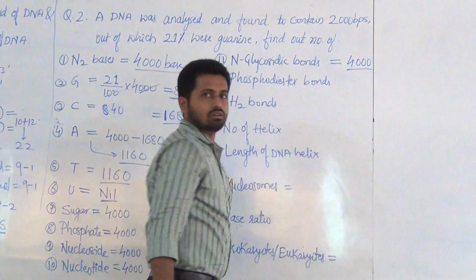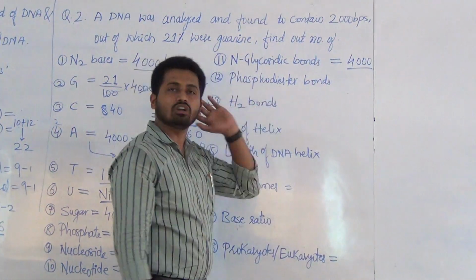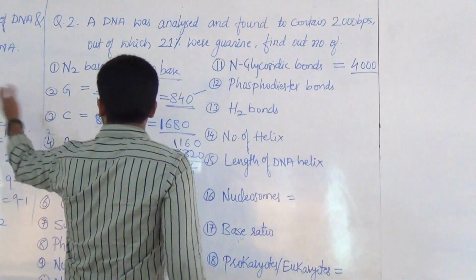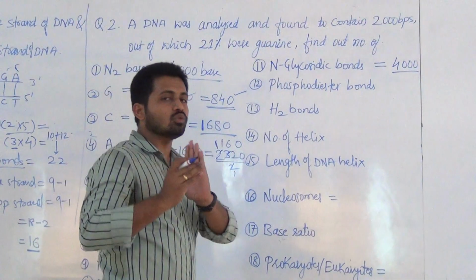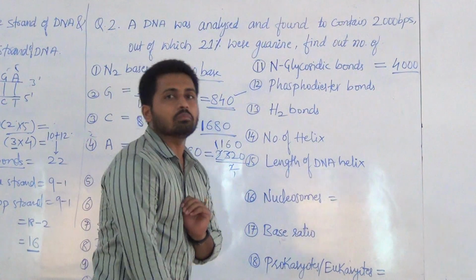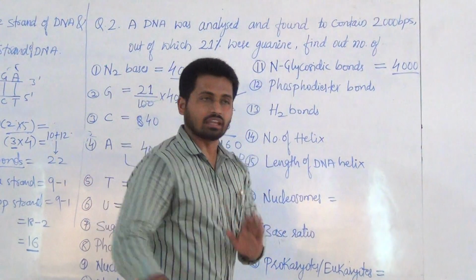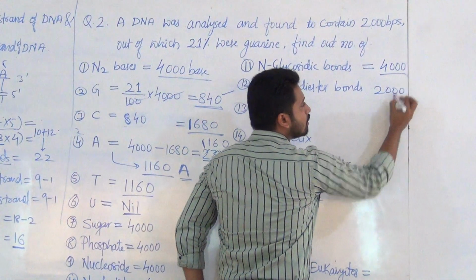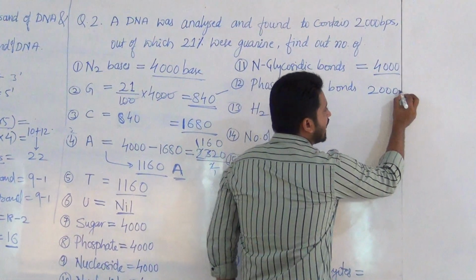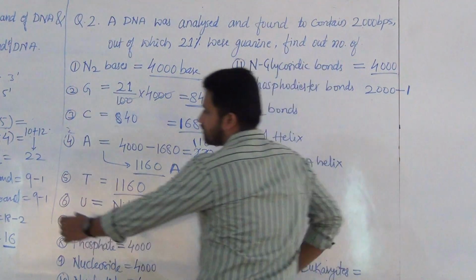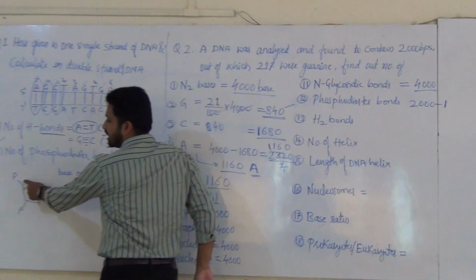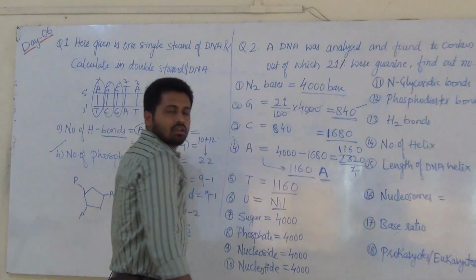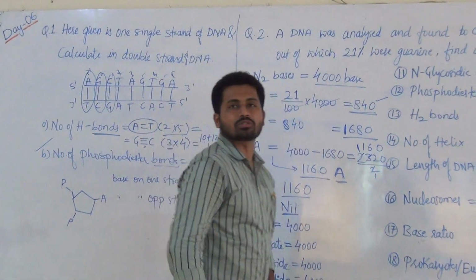Again 4000. Now what happens here coming to phosphodiester bond? Phosphodiester bond we easily solved in the previous question. Number of bases on one strand minus 1 and number of bases on the other strand minus 1 again. So number of bases on one strand is 2000 minus 1, because I told you here the 5' end phosphate is free and it is not going to pair until the succeeding ribose comes.